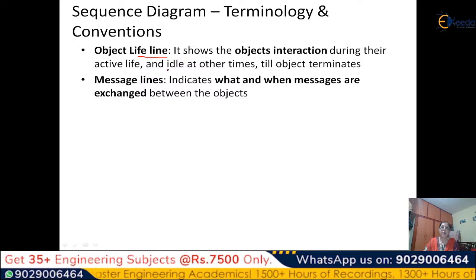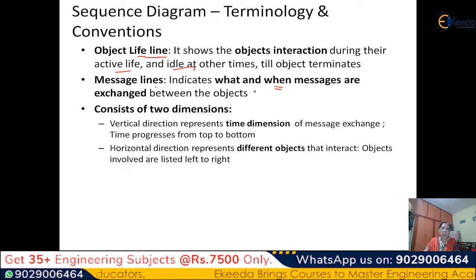So once the object is instantiated, until it is terminated, it will have a lifeline, and during that lifeline sometimes it will be active and sometimes it will be idle. Then there will be other lines which are called message lines. These message lines indicate what message is being exchanged and when, because always we are talking of time and sequence.